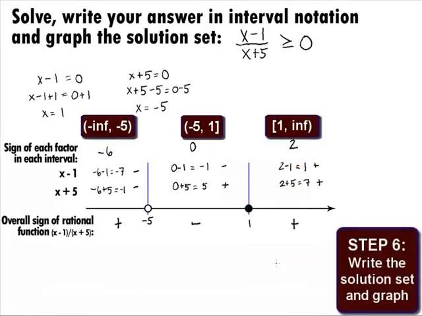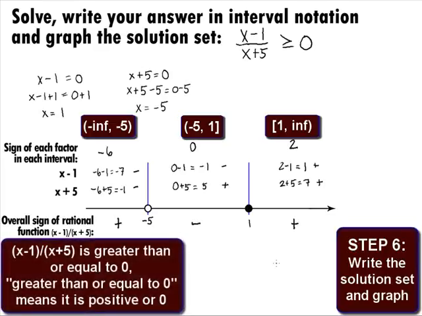In step 6, we want to write the solution set in interval notation and graph it. Remember that the original inequality in standard form is (x minus 1) over (x plus 5) is greater than or equal to 0. To be greater than or equal to 0 means that the rational expression has to be positive or equal to 0.